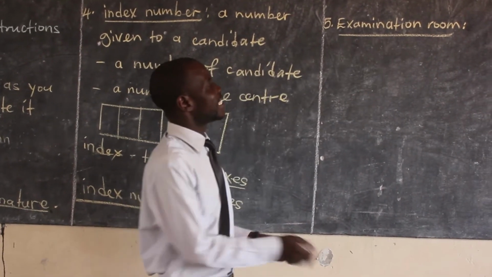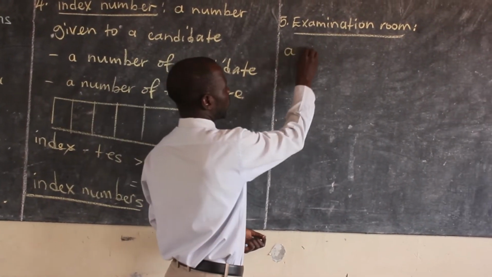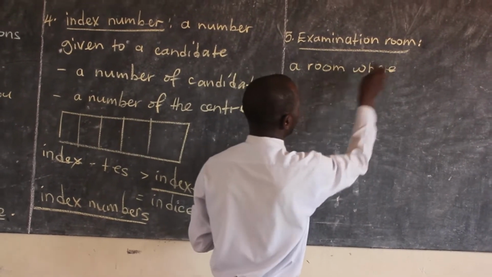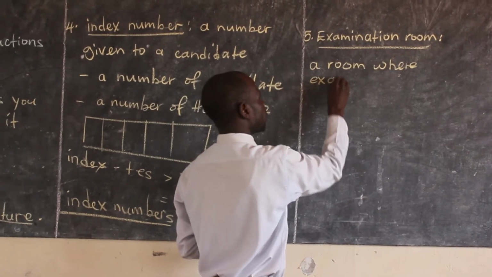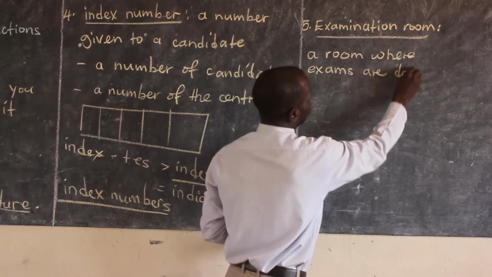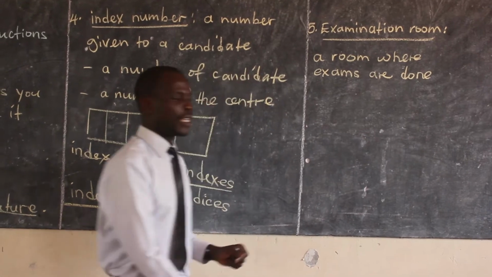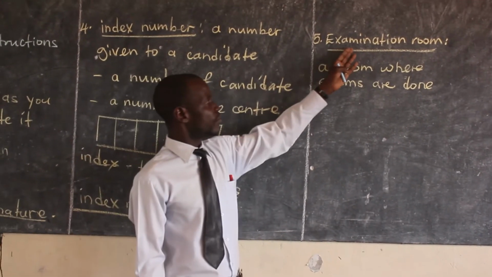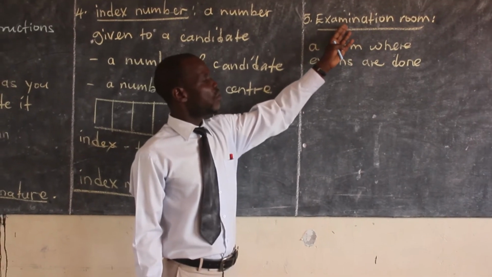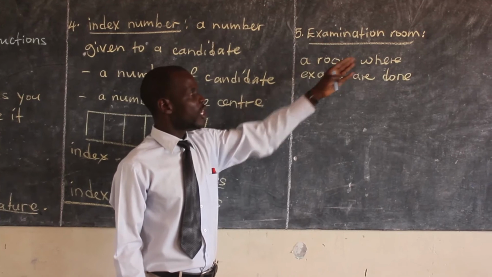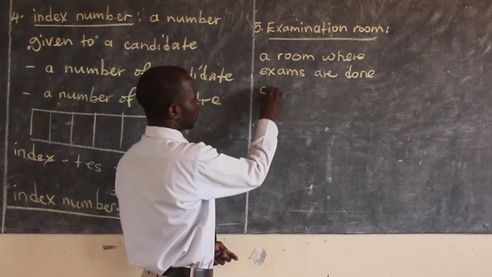And we are saying it is a room where exams are done. That's where you write your exams from. And now let's look at its plural form. The plural form of examination room is examination rooms.